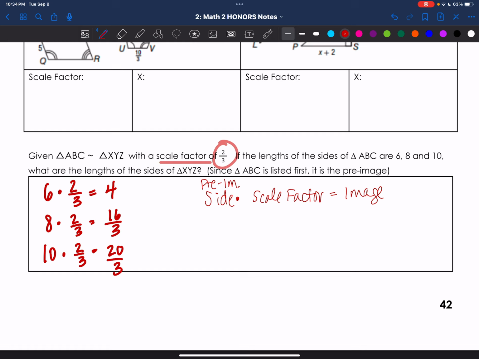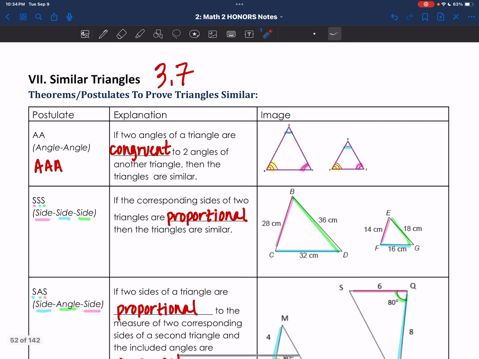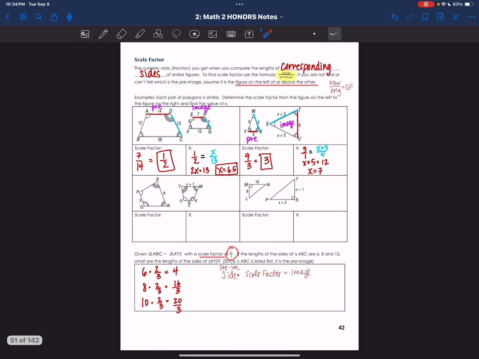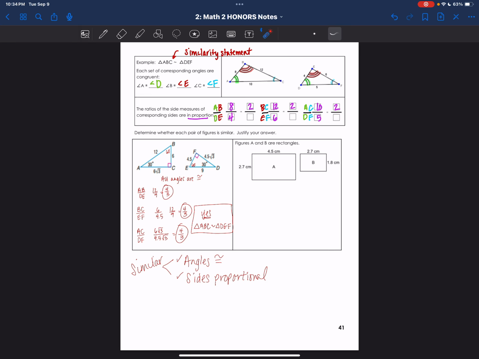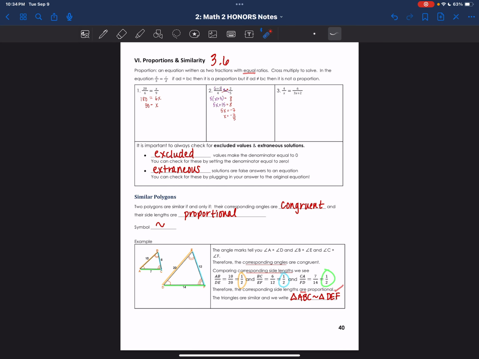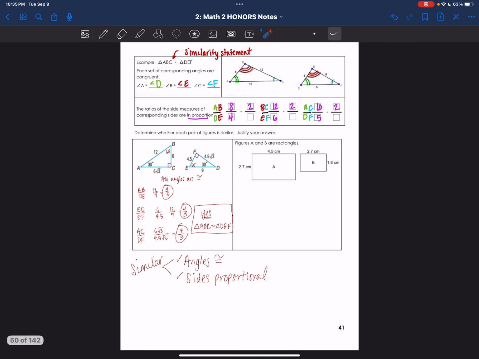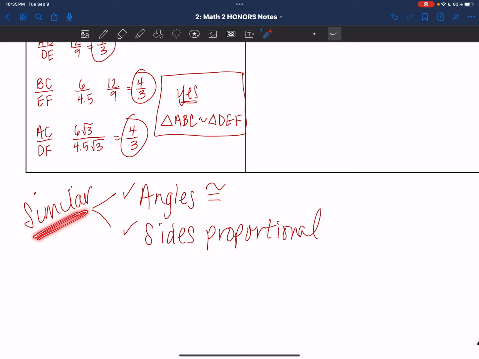So super easy, we just took 6 times the scale factor, 8 times the scale factor, 10 times the scale factor. We got our new lengths. All right, so that wasn't too bad. It's just remembering that it's proportional. So the biggest thing for similar is the angles have to be congruent and the sides have to be proportional.